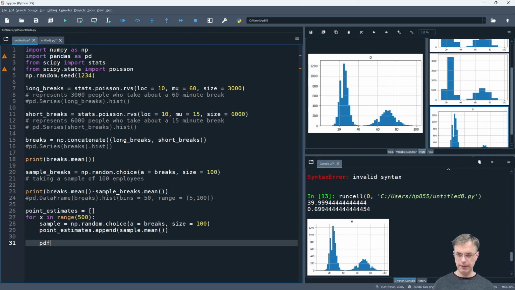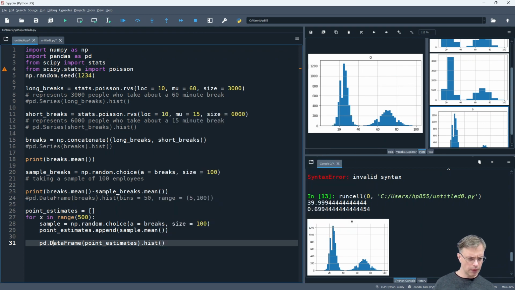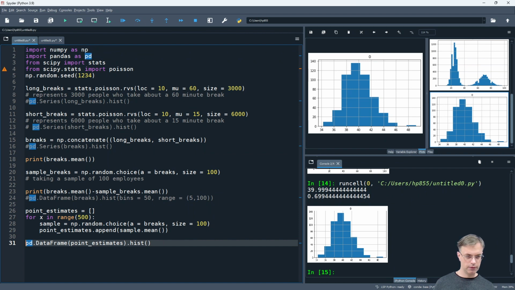And pd.DataFrame, point_estimates, and histogram. I believe that this part would be out, so let's try to run it. This is what we get now.